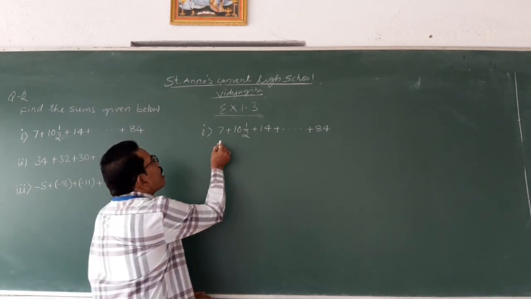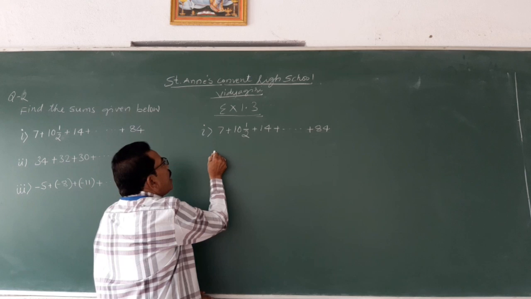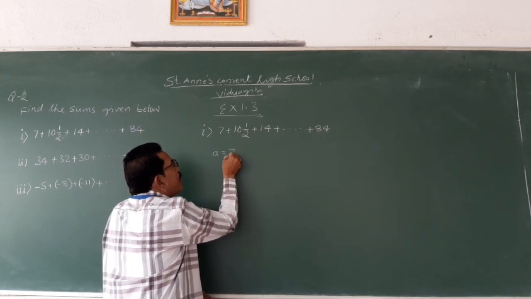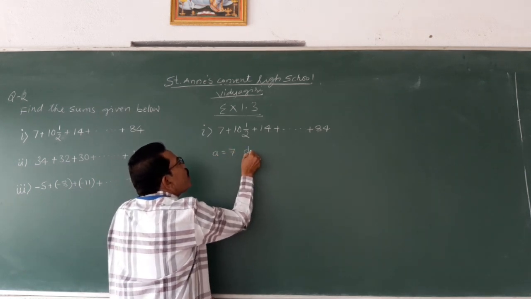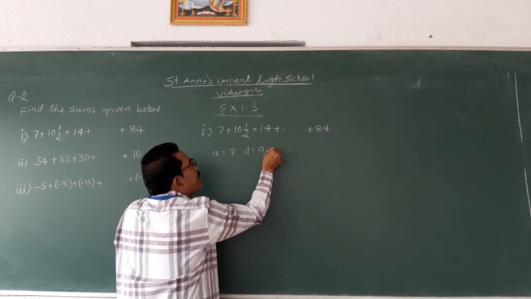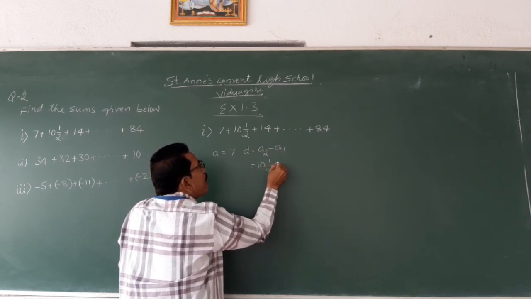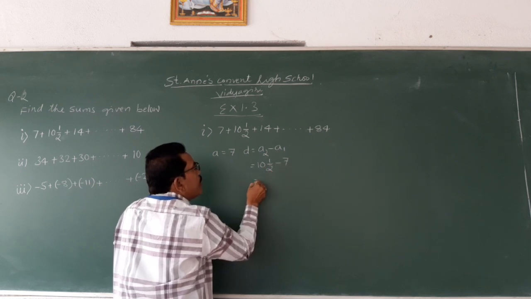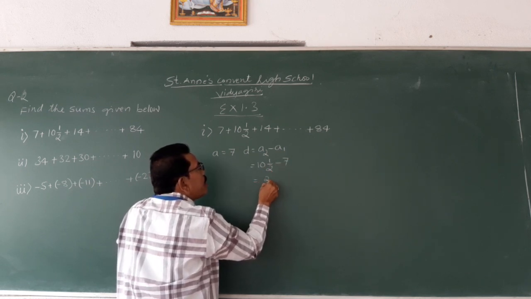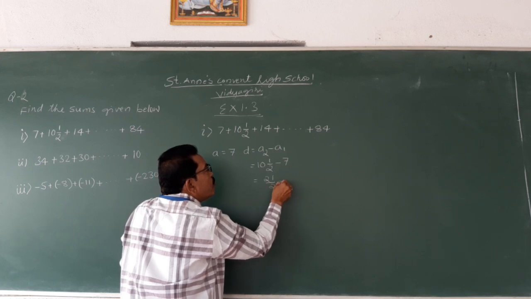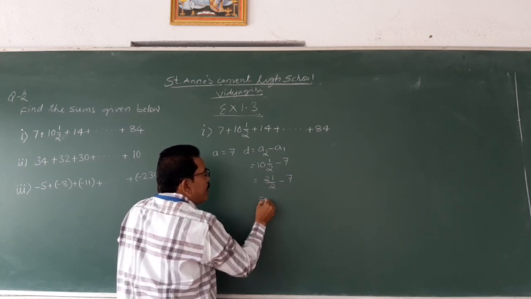So considering this AP, a equals 7, d equals a2 minus a1, that is 10 integer 1 by 2 minus 7, that is equal to 21 by 2 minus 7.